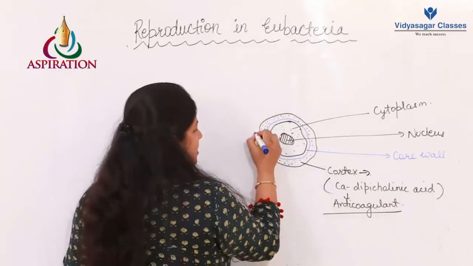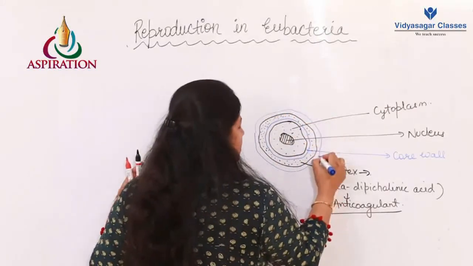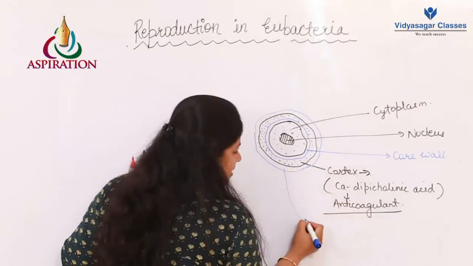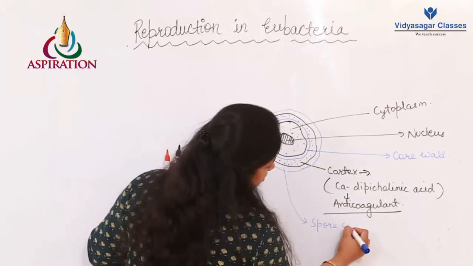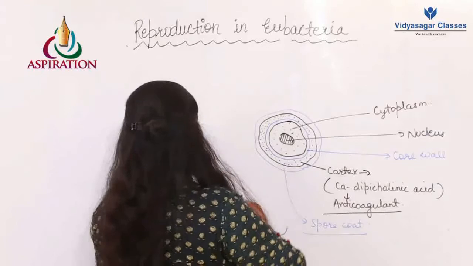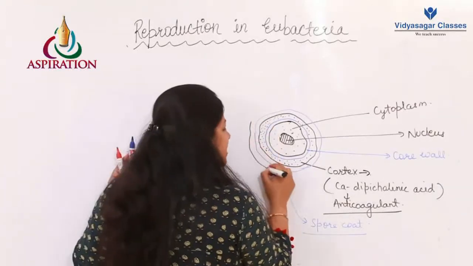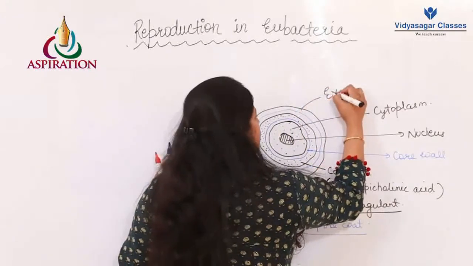Around the cortex, a different layer is present which is known as the spore coat. Around the spore coat, again a layer is present which is known as the exosporium.